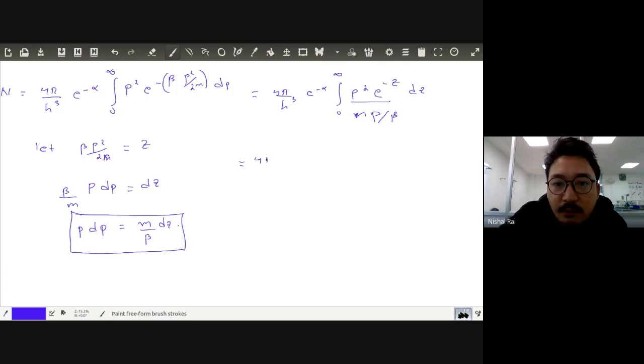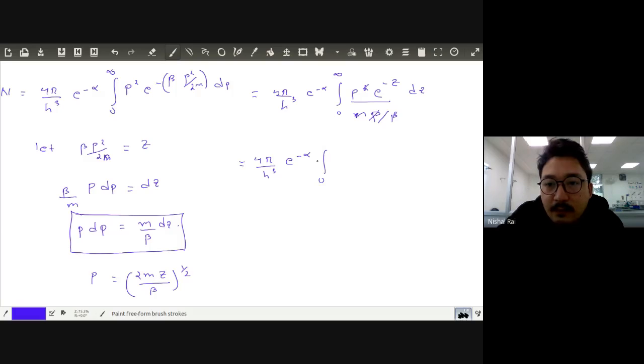So which will be 4 pi h cube e to the power negative alpha. One of the p will cancel out. So p you can substitute as what? p you can write as 2mz by beta to the power half. It will go from 0 to infinity.